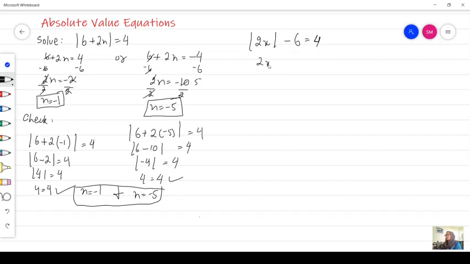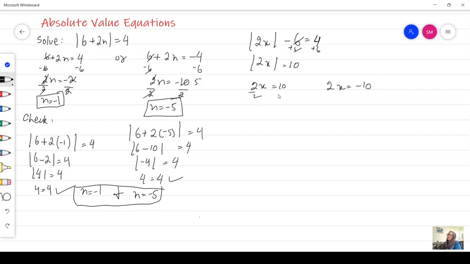So let's try to make the absolute value expression by itself. I'm going to add 6 to both sides, so we can get rid of that 6. It will give me 10. Now I'm going to take out the absolute value: 2x equals 10, and 2x equals negative 10. Now let's see if it will work.